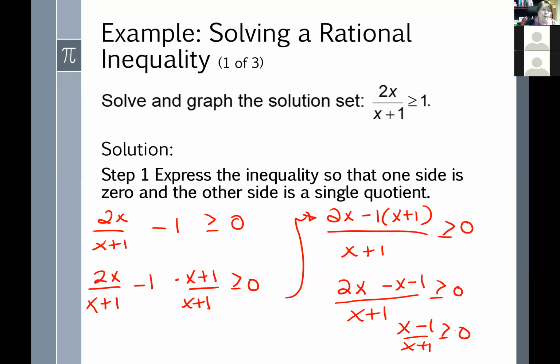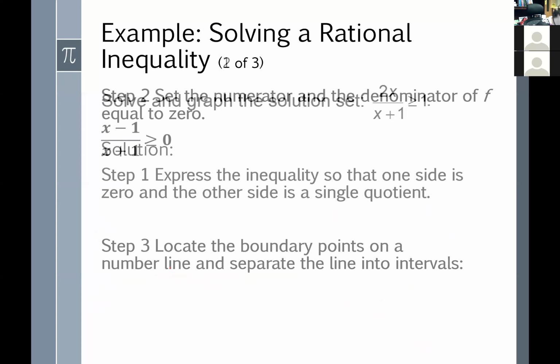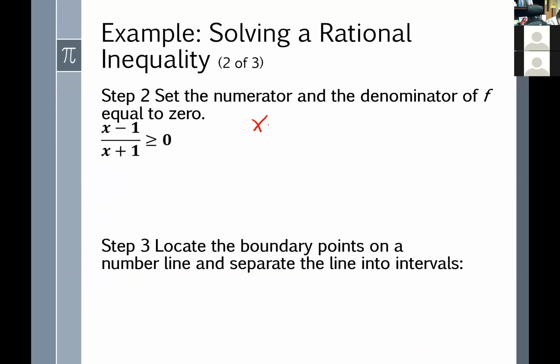You set the numerator equal to 0 and you set the denominator equal to 0. So we get x is 1 and x is negative 1. So our boundary points are 1 and negative 1.